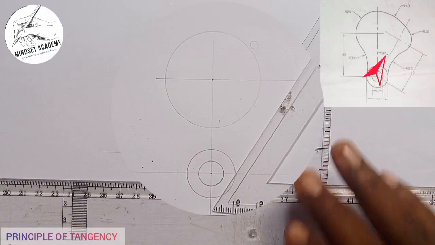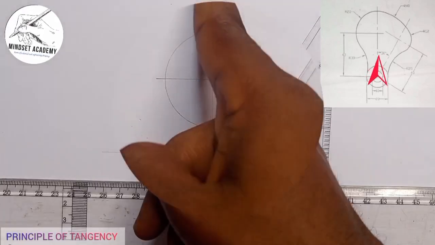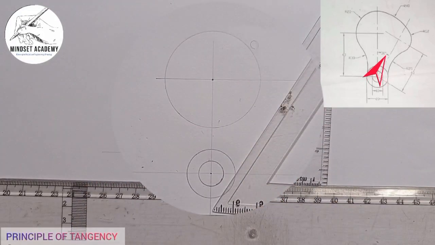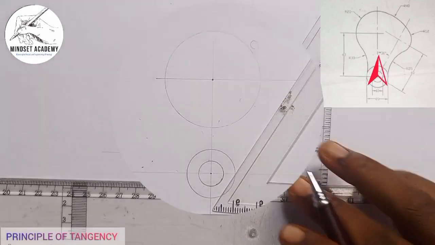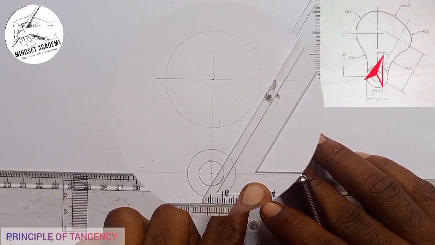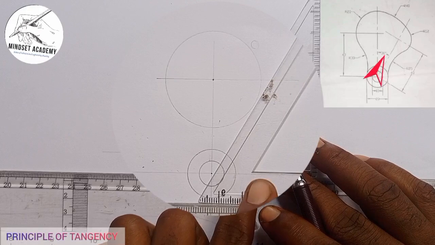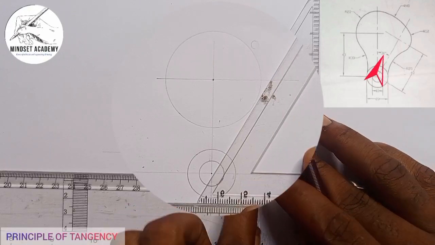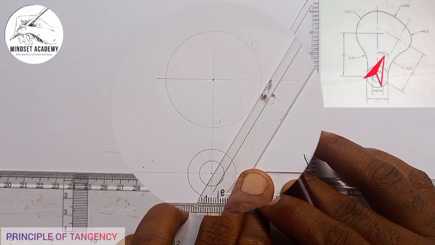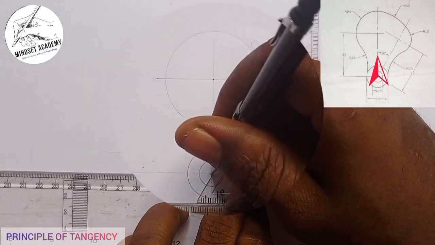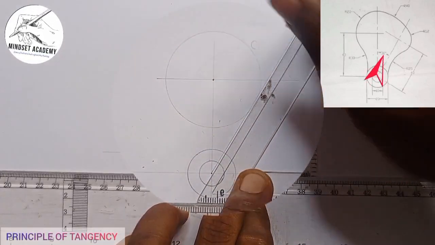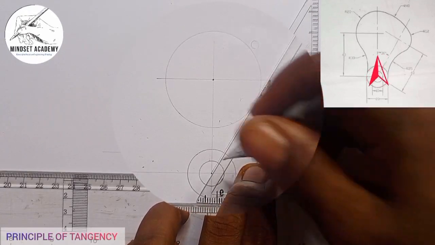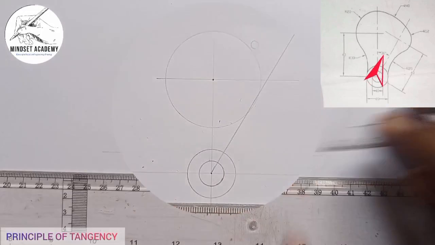Since it's 30, that means my vertical here is 0. So I'm coming in a clockwise direction, right? So we're going clockwise in this aspect. When I place it this way, I'm going to draw an inclined line from this point, a faint line first of all. You can see that. Let me do that again. Faint line first of all.